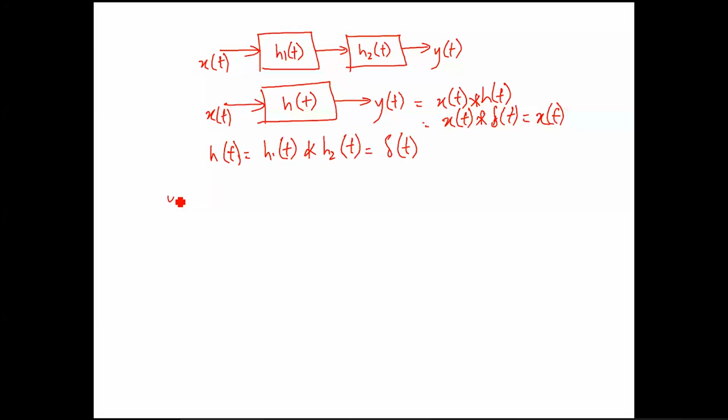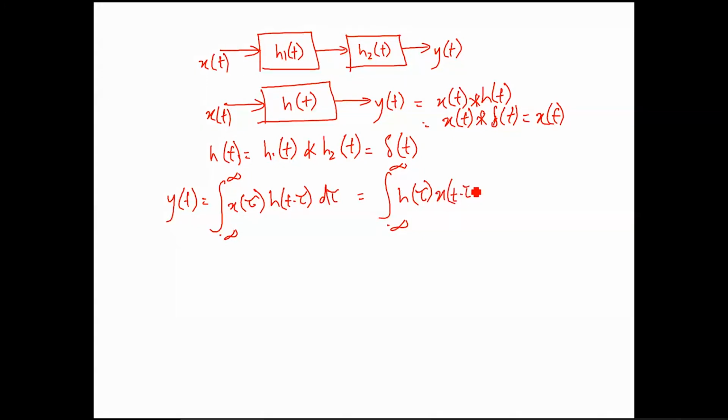So y of t, if you see this convolution part, is the integral from minus infinity to infinity of x of tau h of t minus tau. And we can take it in any order; we can shift the order also, just for your information. We can do it this way also, so order doesn't really matter.